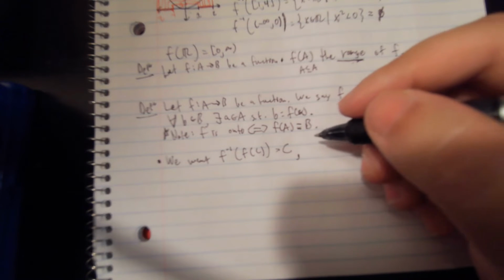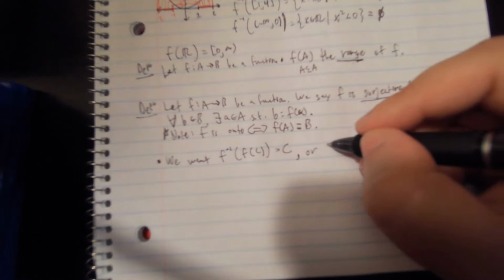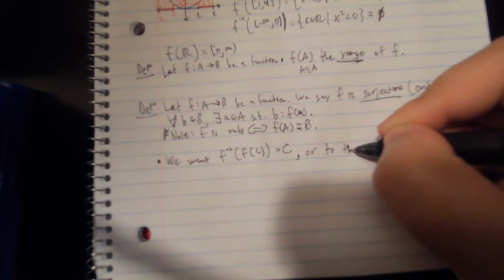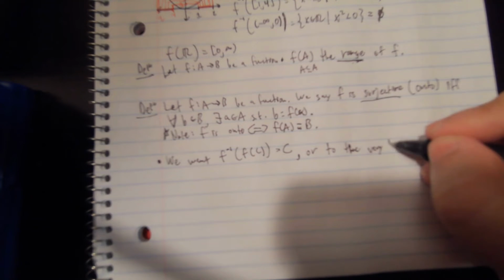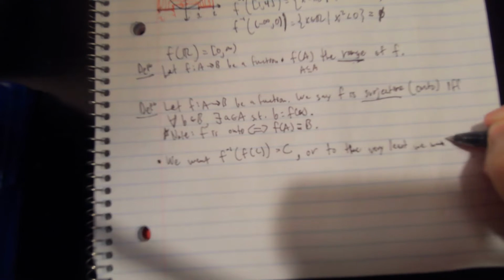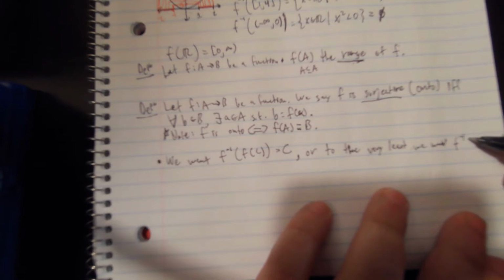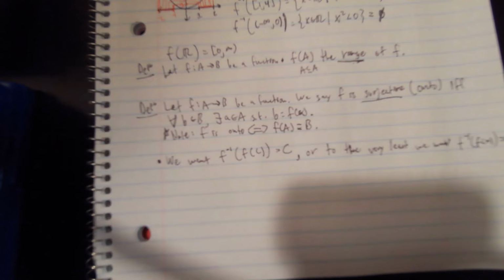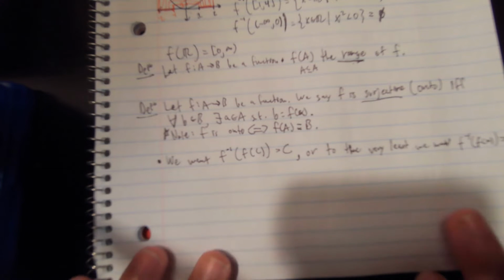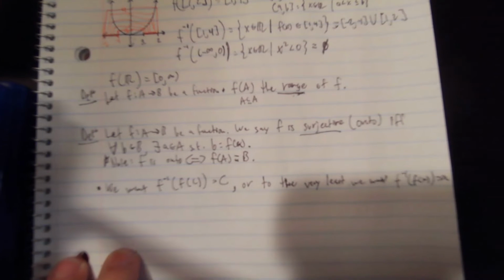Okay, well, maybe we don't even want that. Maybe to the very least we want that to undo that, that f inverse of f of A equals A. So what conditions do we need so that a function does either that, or to the very least it does that, f inverse of f of A equals A?